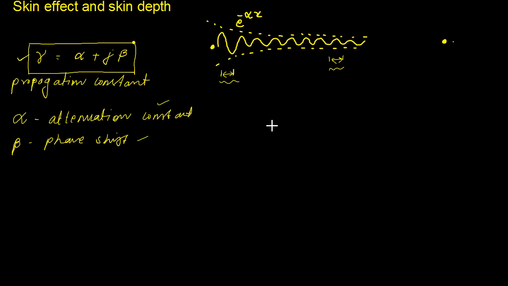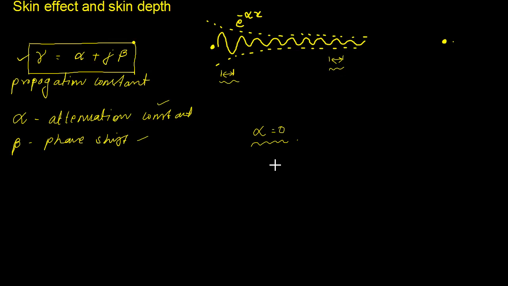I also want to add another point: if the electromagnetic wave is propagating through a lossless medium, the value of alpha is equal to 0, because in a lossless medium there is no electromagnetic energy loss. But if it propagates through a conducting medium, definitely it will experience some amount of resistance.